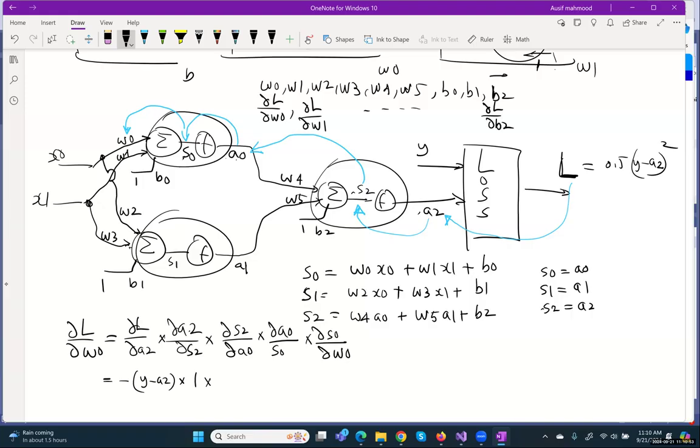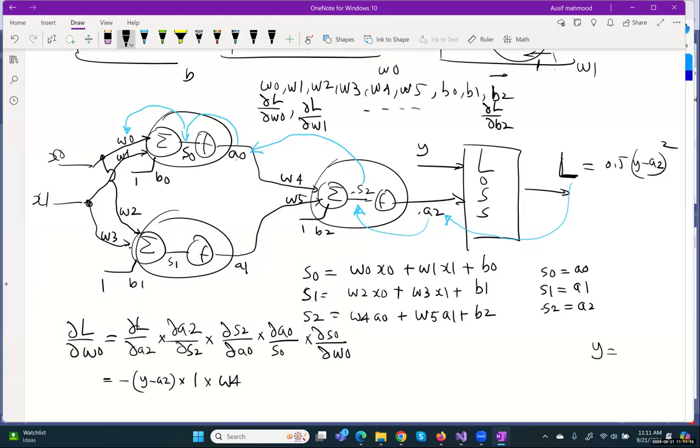S2 over A0. Go to the S2 equation. Remember, everything other than A0 will be treated as a constant. So what's the coefficient of A0? Just W4. See, you can think of it this way.